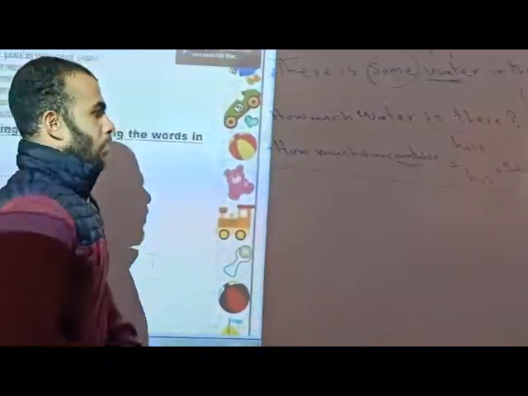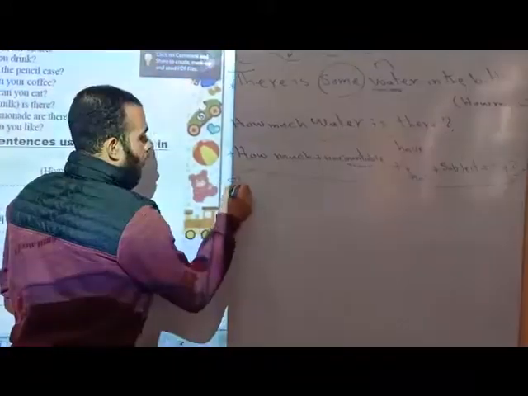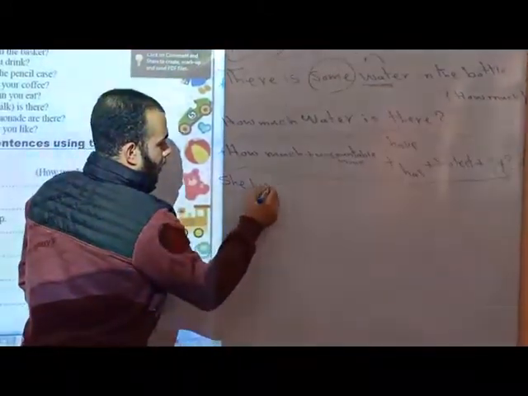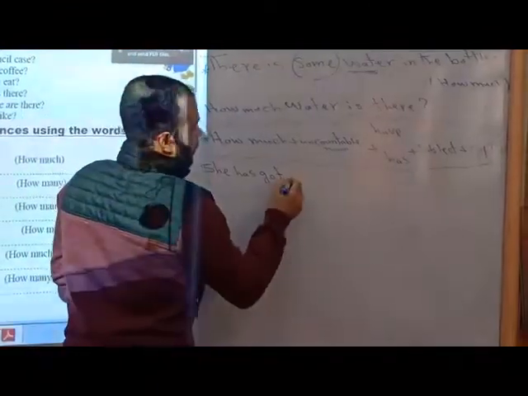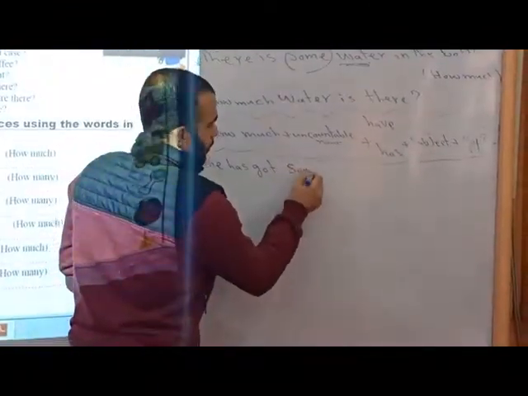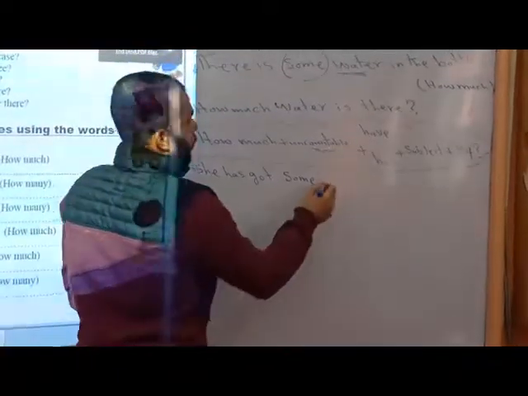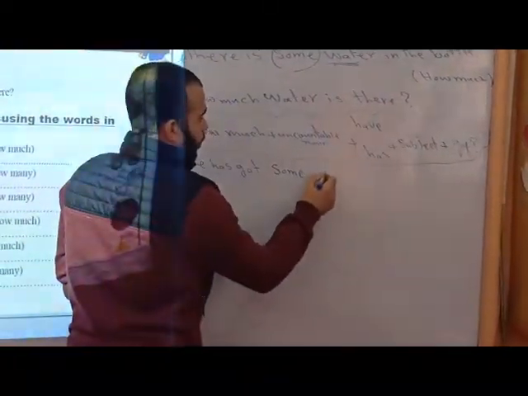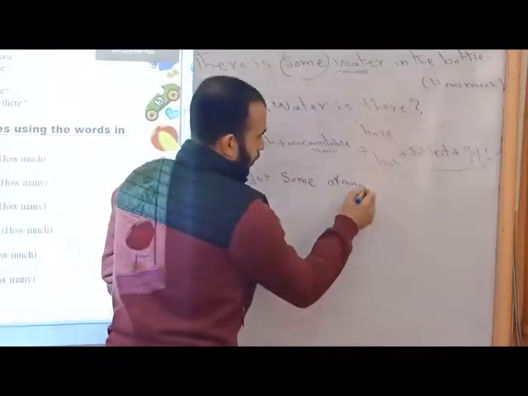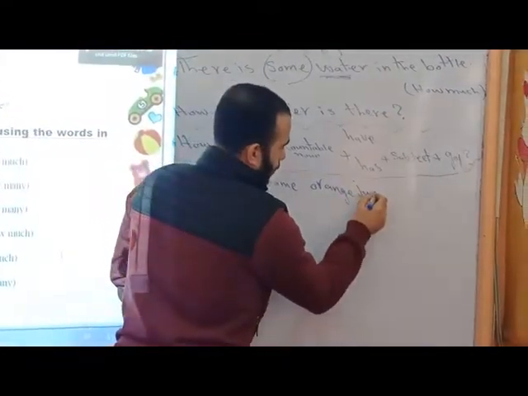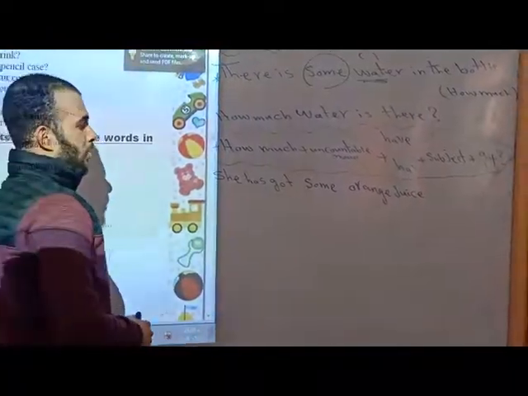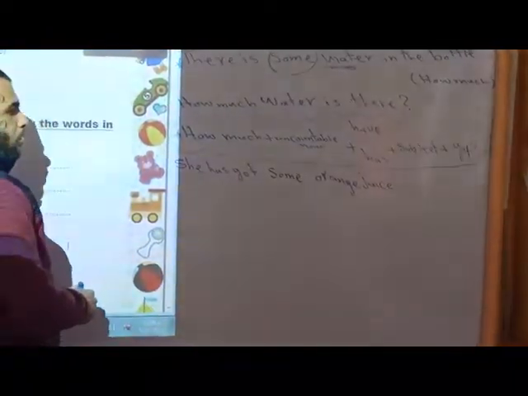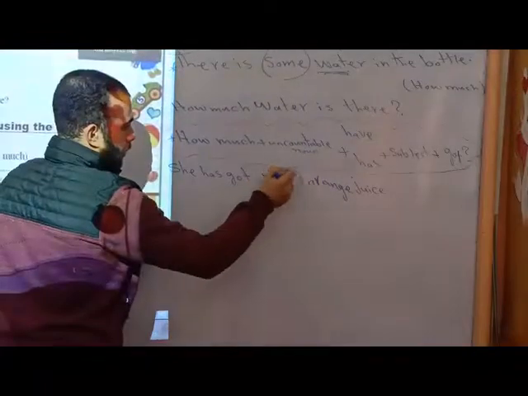For example, what? She has got some orange juice, and I ask you to use how much. So the quantity that we have is some.